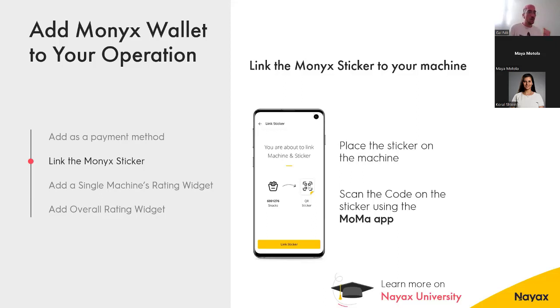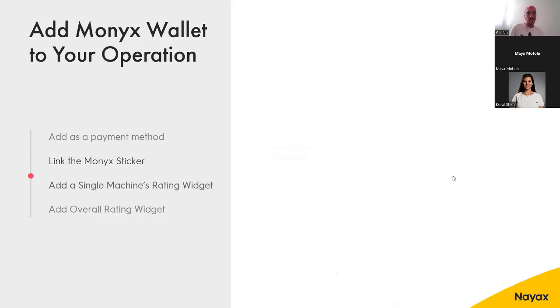Once you click it, it will open the camera and let you scan the code immediately and then connect it to your machine. Once you've done that, your consumer can find your machine using the QR code presented on it and can start paying with Monyx in just a second.